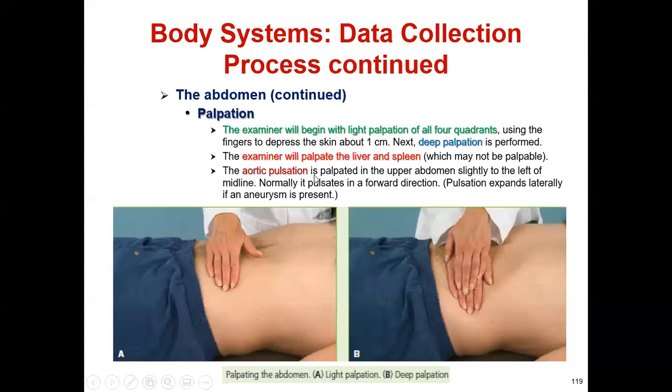Aortic pulsation is palpated in the upper abdomen slightly to the left of the midline. Normally, it is palpated in a forward direction, and pulsation expands laterally if an aneurysm is present. Aneurysm means abnormal weakness or abnormal wall dilatation of the aorta.